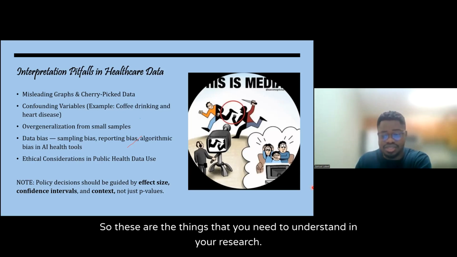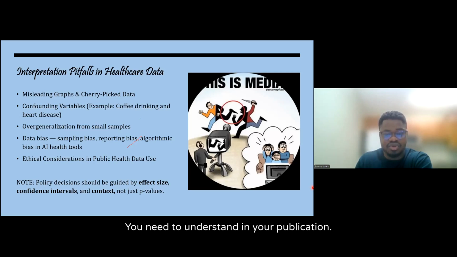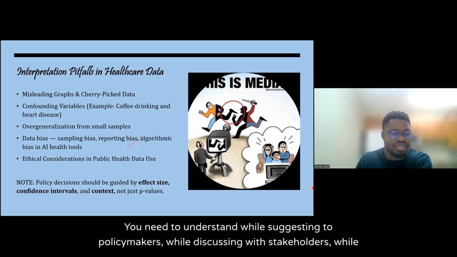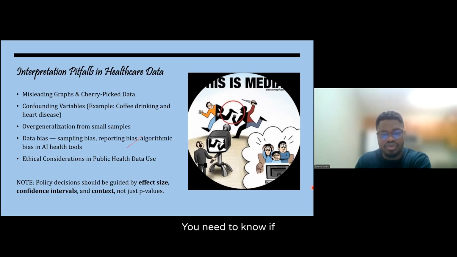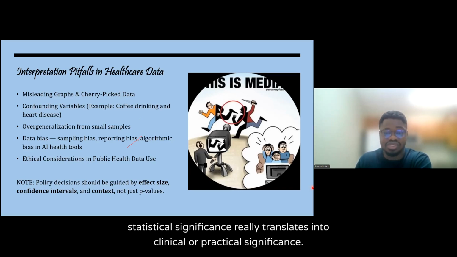So these are the things that you need to understand in your research, in your publication, while suggesting to policymakers, while discussing with stakeholders, while talking to your superiors, or even while just sharing information with people. You need to know if statistical significance really translates into clinical or practical significance.